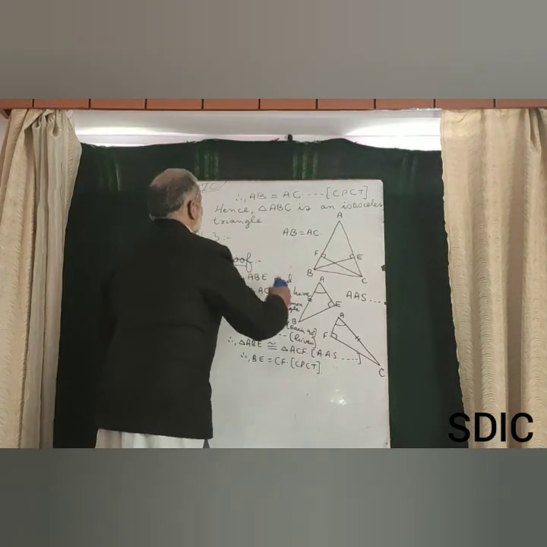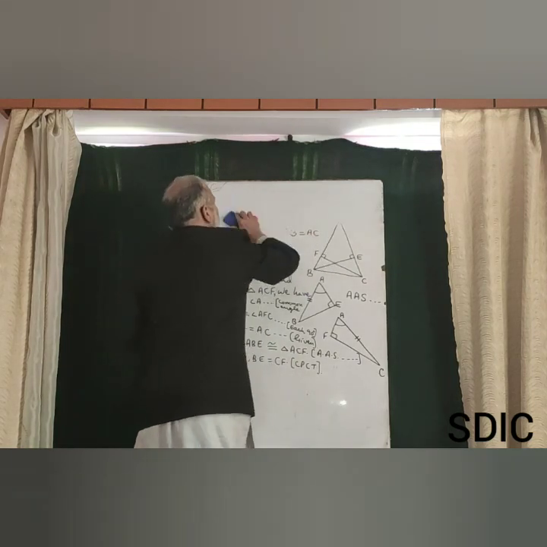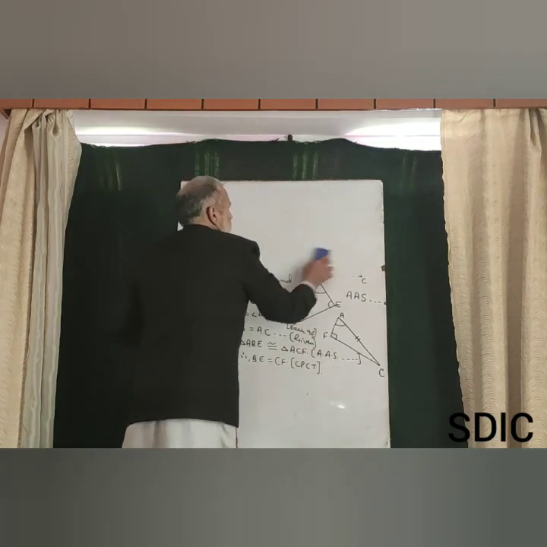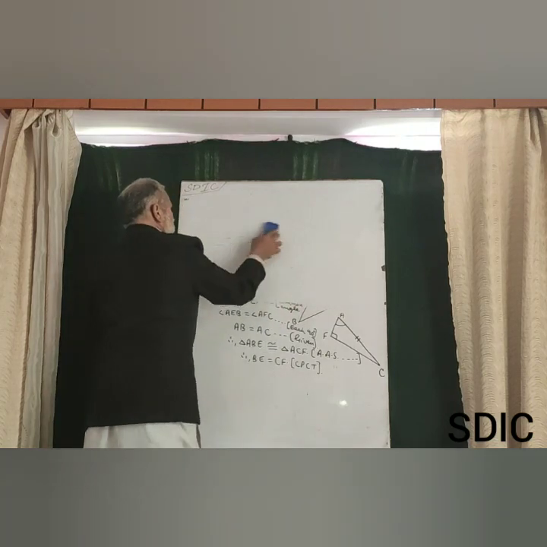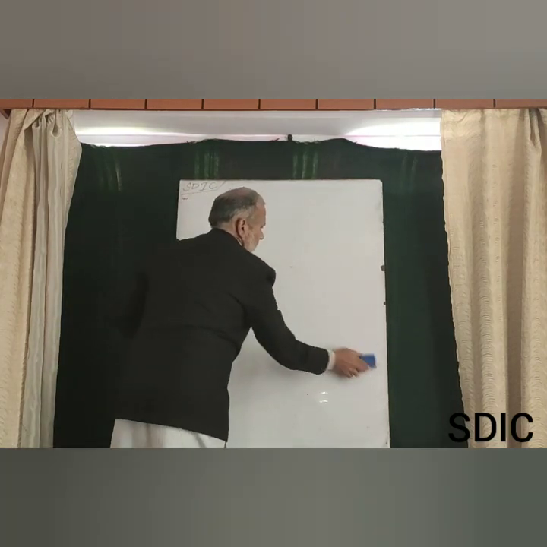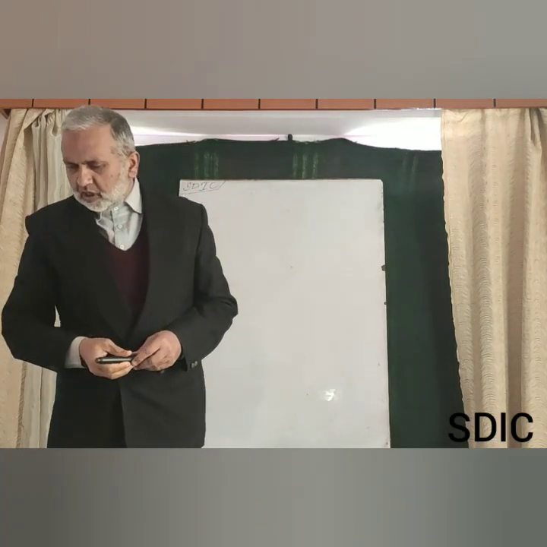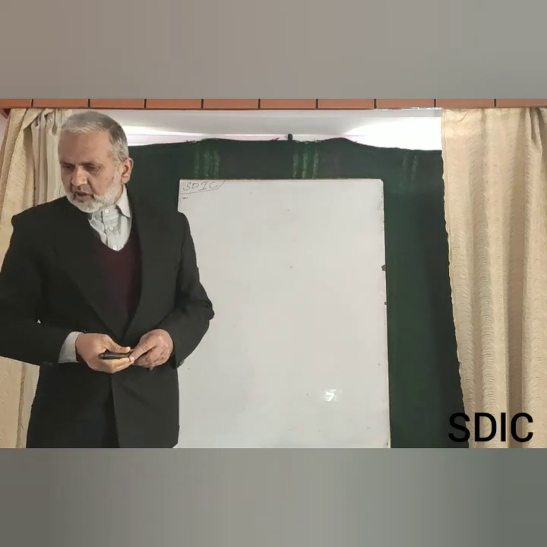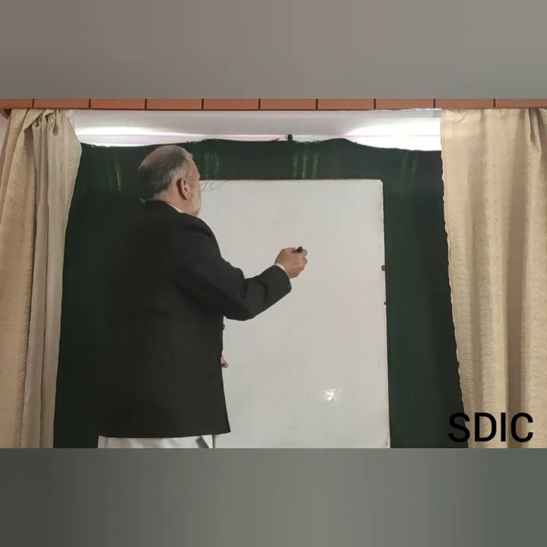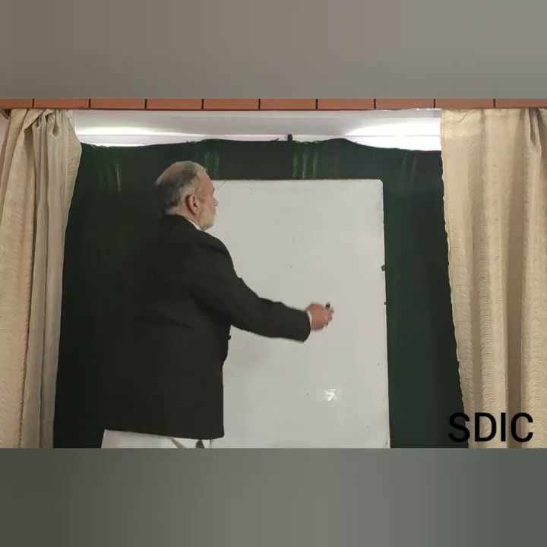Next we have question number 4. Again, draw the diagram quickly from the textbook. This question number 4 is the converse of question number 3.